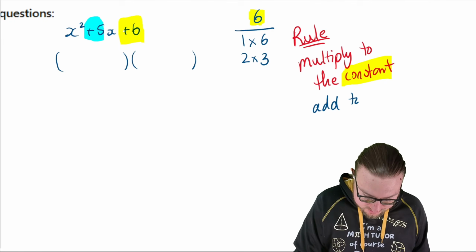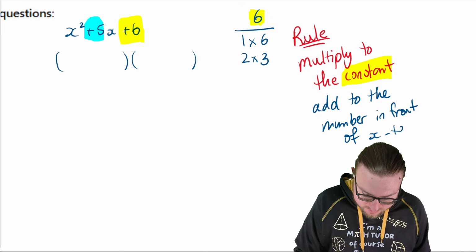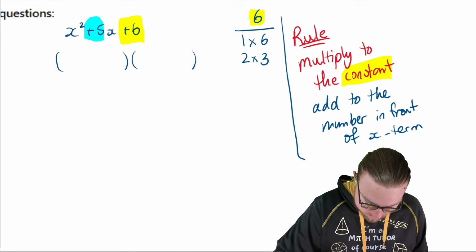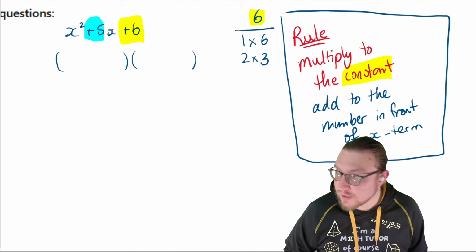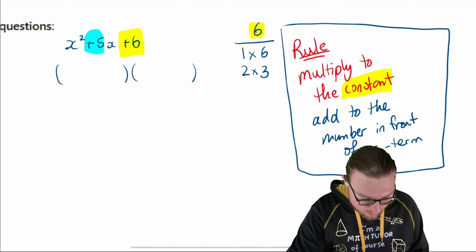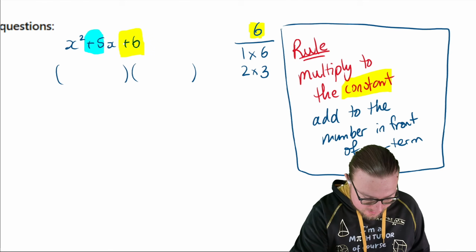We want to add to the number in front of the x term, not the squared term. Yeah, so these are our rules that we're going to take here. Hopefully you can kind of see that. There we go.